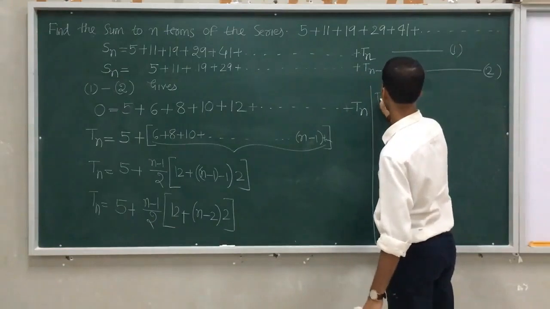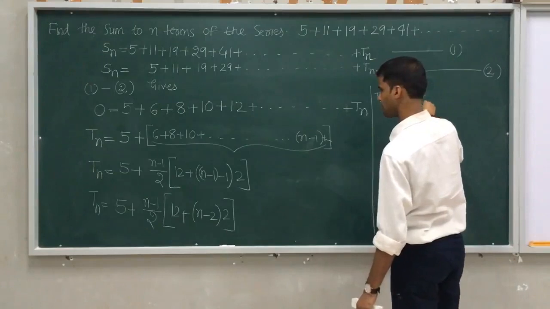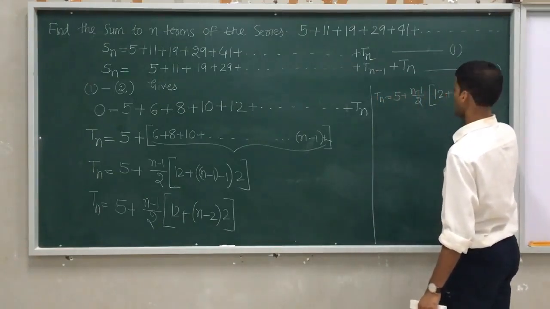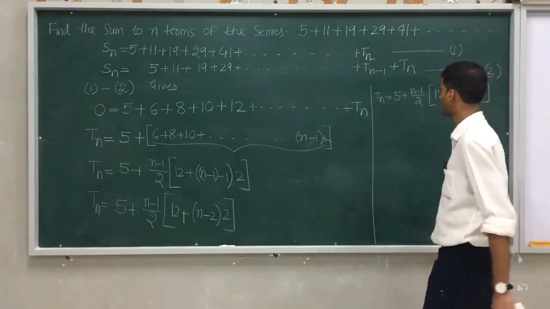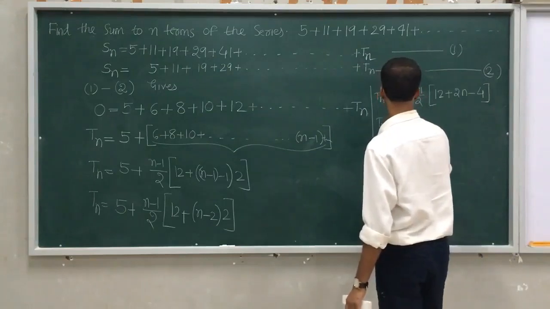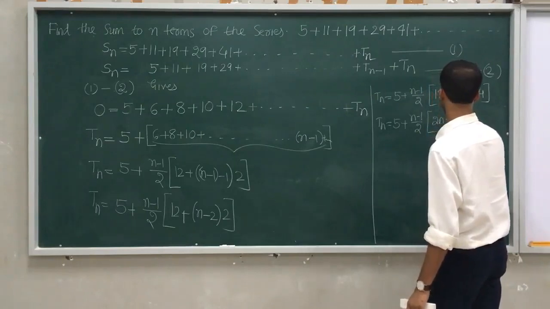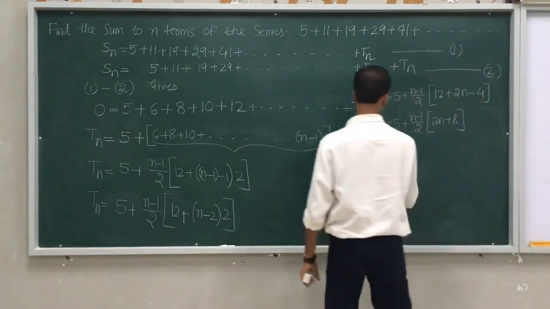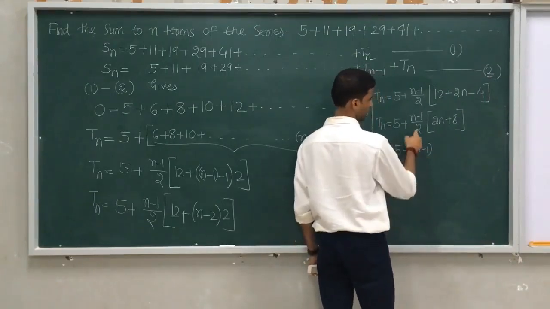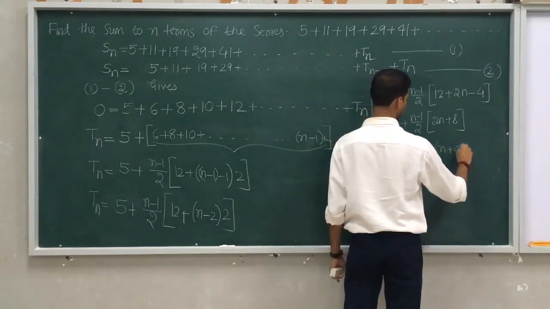So Tn is nothing but 5 plus n minus 1 by 2, 12 plus 2n minus 4. Tn is equal to 5 plus n minus 1 by 2, 2n plus 8. So Tn is equal to 5 plus n minus 1 into, here also I take 2 common, so you are left with n plus 4.